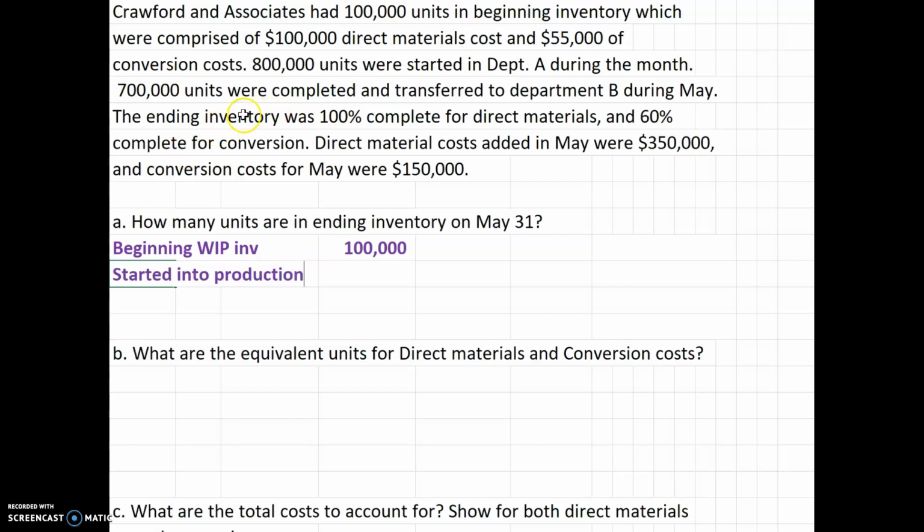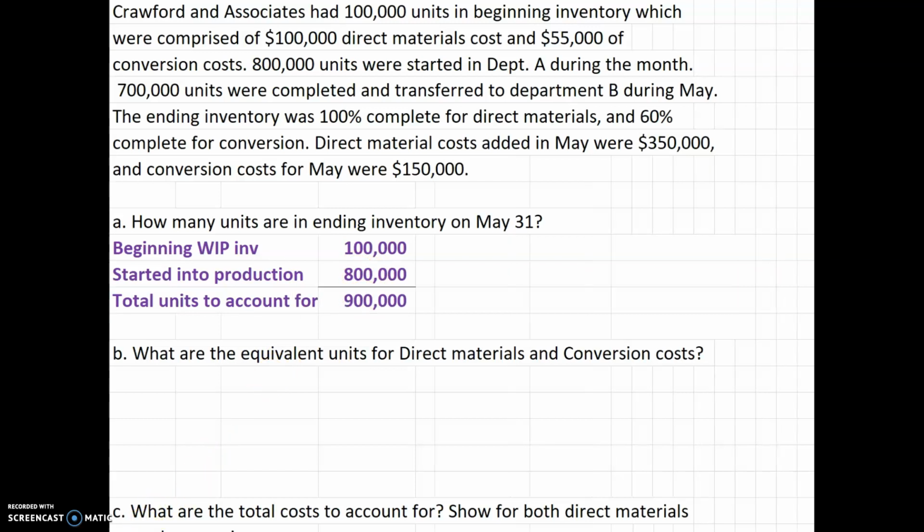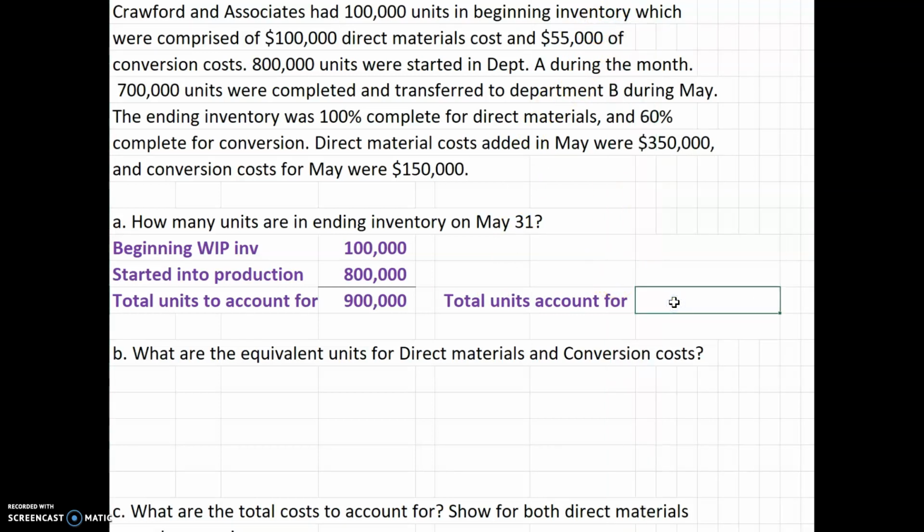And we're told 800,000 units were started into production. So the total units to account for, we add together the 100,000 plus the 800,000. So we've got 900,000 is the total units to account for. So we need to be able to account for 900,000 units also. So we know this is going to be 900,000.